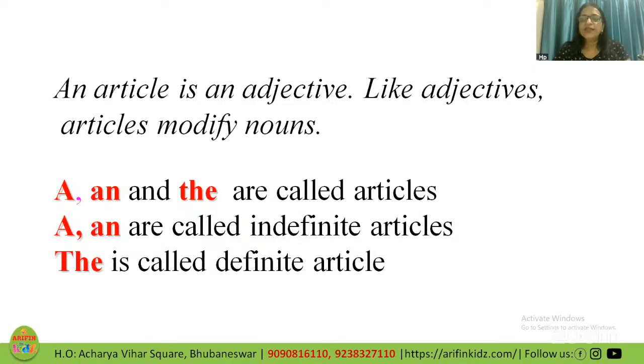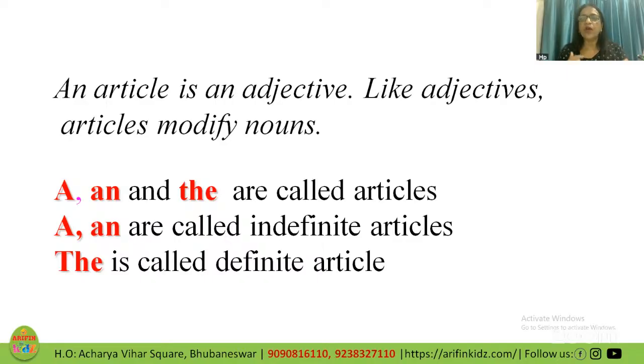Like adjectives, articles modify nouns. As I told you, an adjective is also used before a noun. Same way, articles are also used before a noun. Okay, so you see the sentence: a, an, and the are called articles. A and an are the indefinite articles, and the is the definite article.